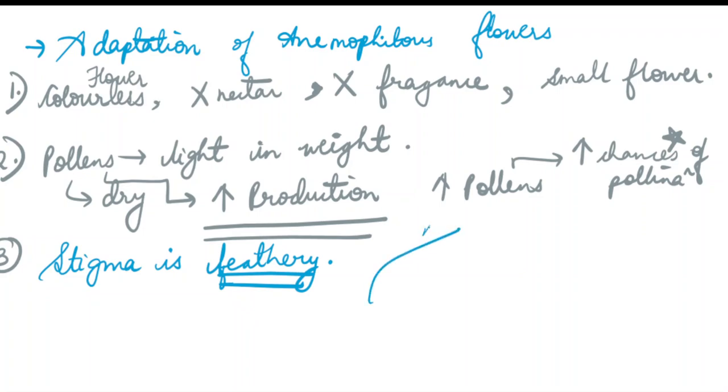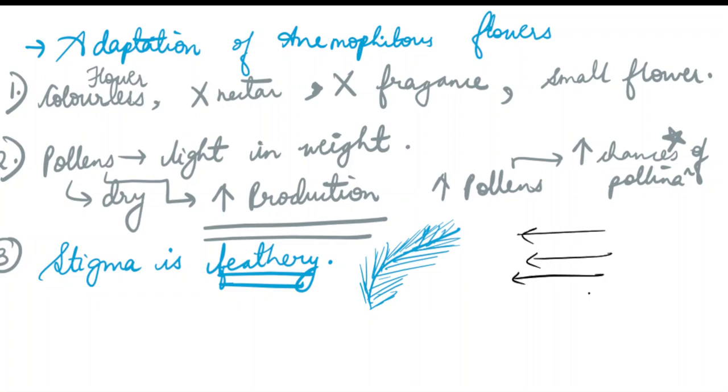Suppose the stigma is like this, very feathery, and wind is coming here. The wind is carrying some pollen, see, orange color pollen it is carrying. So when wind comes here, the stigma can easily trap pollens, right? It can easily trap pollens. So this is feathery.